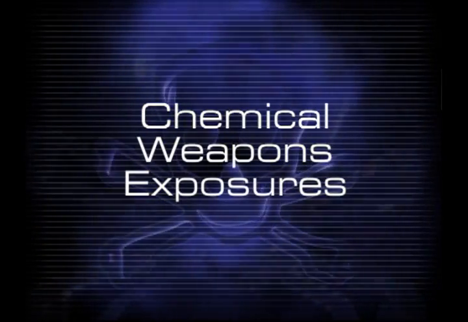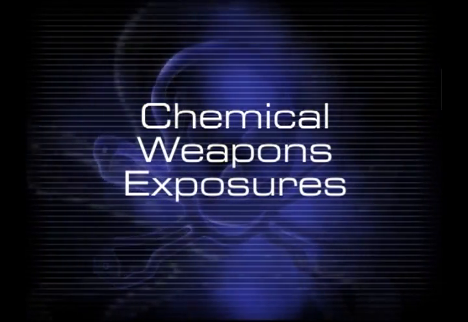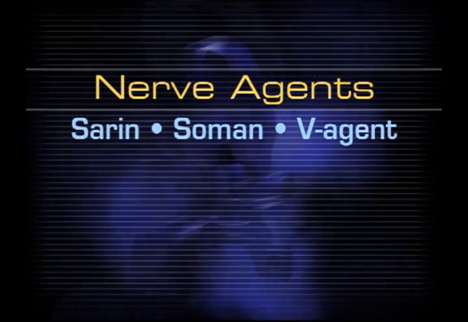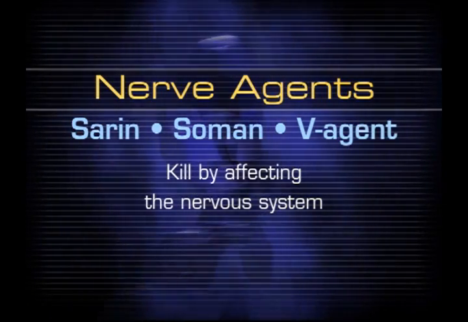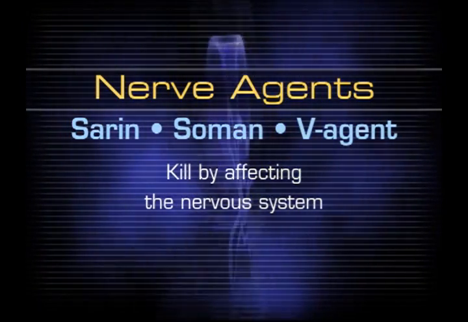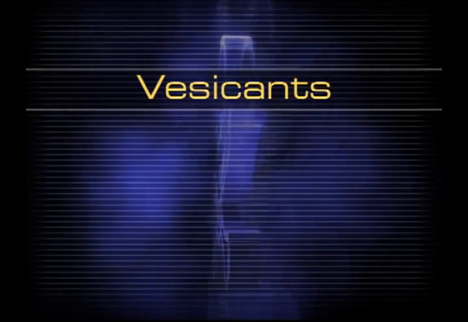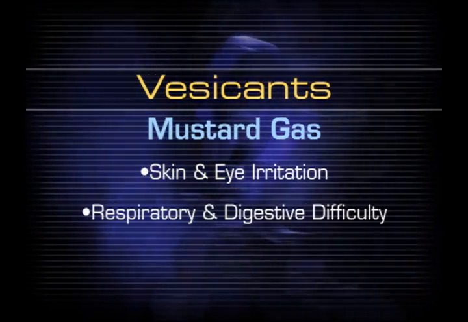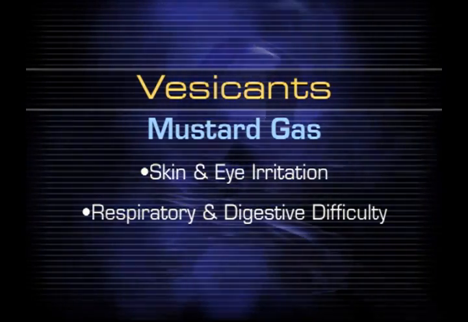You also need to be able to recognize the effects of exposure to chemical weapons. Nerve agents such as sarin, soman, and V-agent kill people by affecting their nervous system. Vesicants such as mustard gas create skin and eye irritation, as well as respiratory and digestive difficulty.